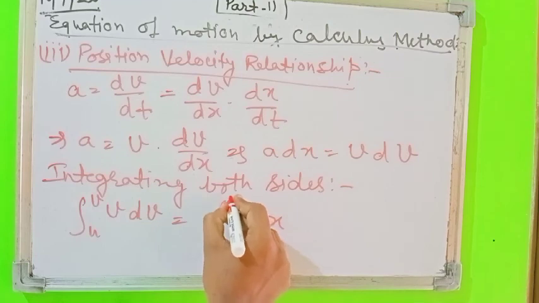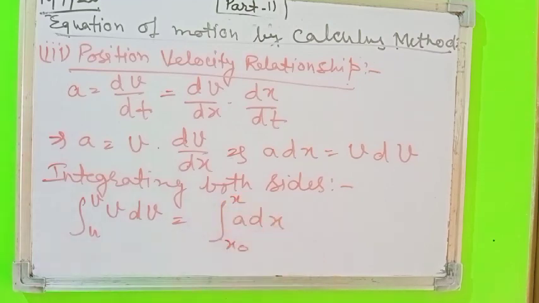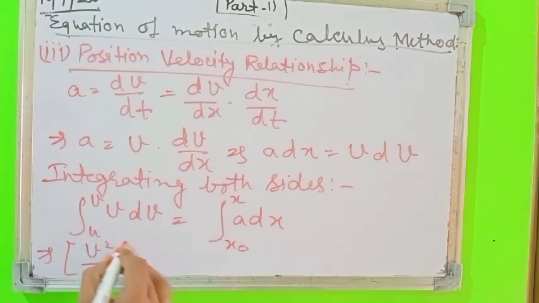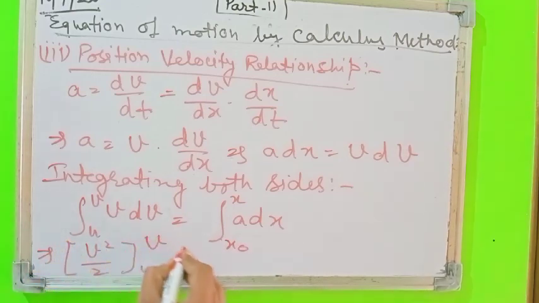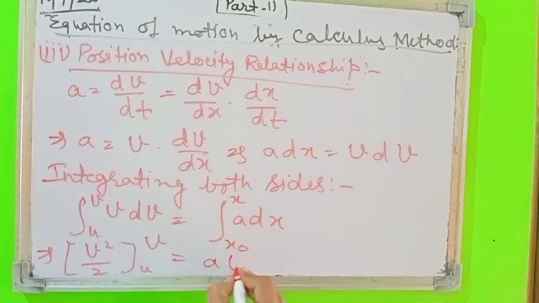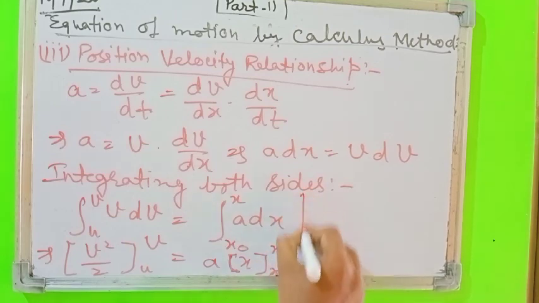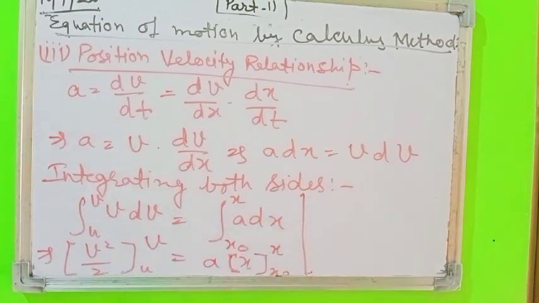Initial position x naught and final position x. And from here you can write that integration gives v square upon 2, from u to v, and a is the constant acceleration, so a we can take outside, x from x naught to x.